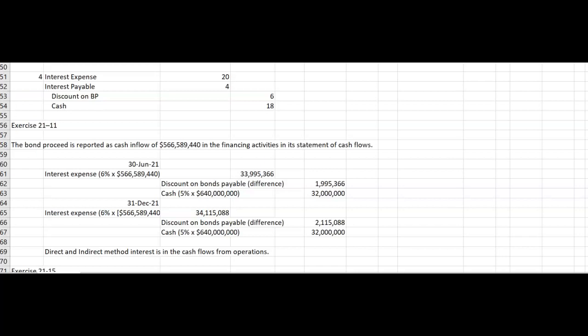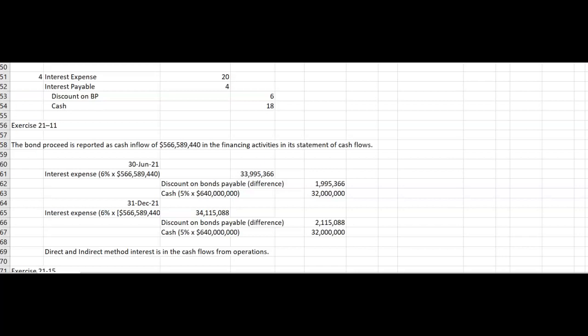$566,589,440. The debit is a discount on bonds for the difference between the face value and the actual cash received, which is $73,410,560. They would show in the finance section the receipt of cash for the amount of cash they received.